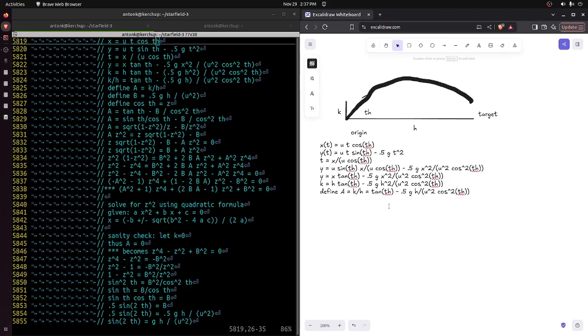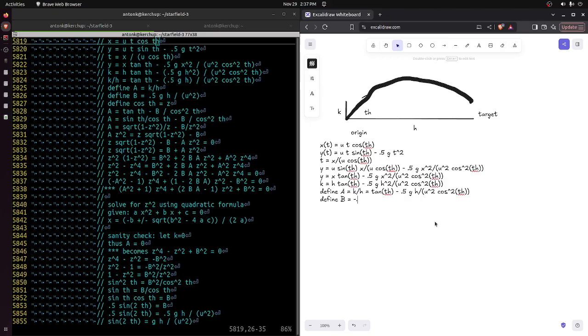Okay, so now we need to define another term, b, which is going to be basically just this part here. So basically the strategy is to get everything in terms of z, which is cosine of theta, and all the other constants, we can just hide them in these a and b terms.